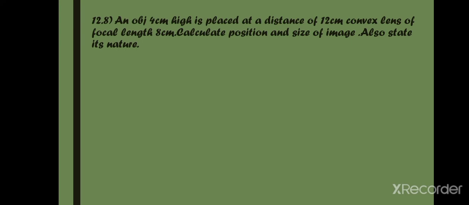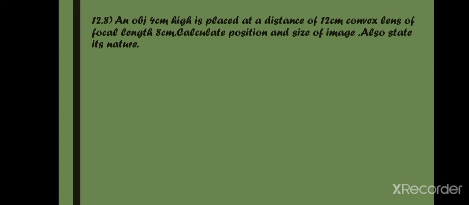12.8. An object 4 cm high is placed at a distance of 12 cm from a convex lens of focal length 8 cm. An object 4 cm high means the height of the object is 4 cm. Now here we have started the numericals with lenses.